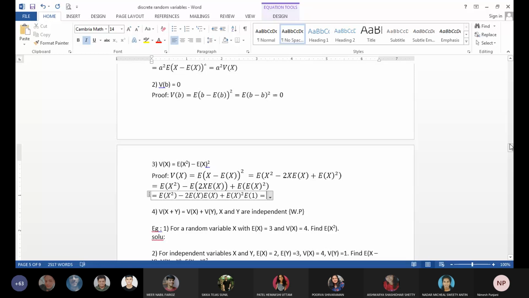So the second term I write as expected value of a x, where I take a as 2 times E of x.